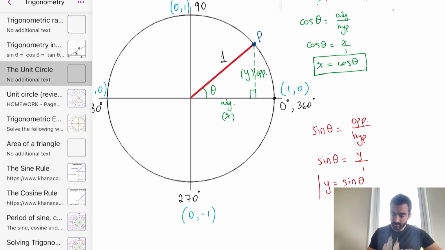So, instead of having the coordinates of P as x comma y, now the coordinates of P are going to be cosine of theta for x and sine of theta for y.